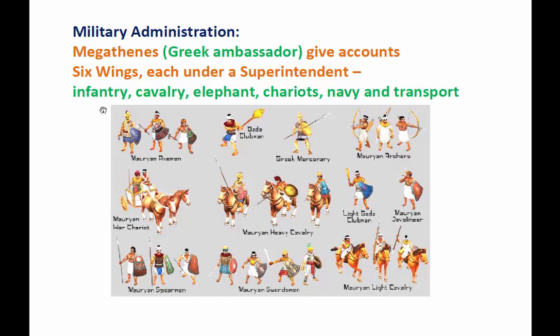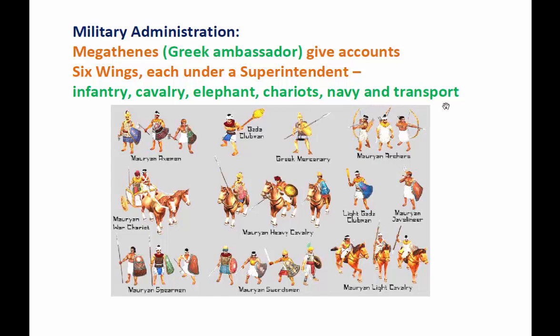The first one is infantry. The second one is cavalry. And they also had elephants and chariots. You can see chariots here, around here. And then navy, even they had ships during this time, and transport.